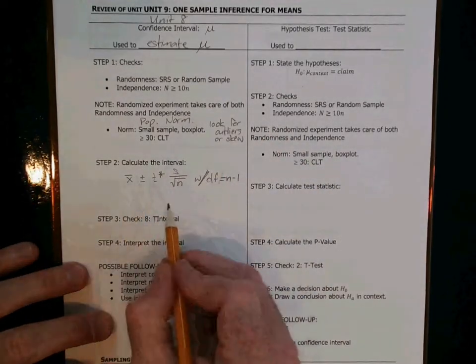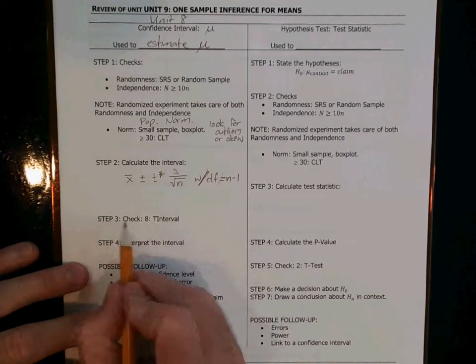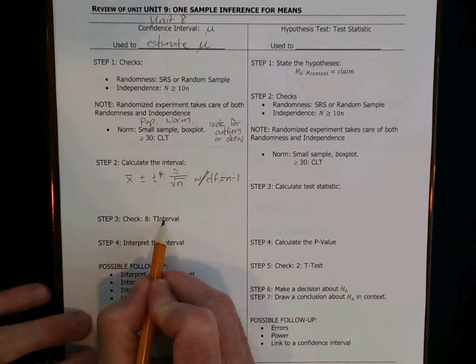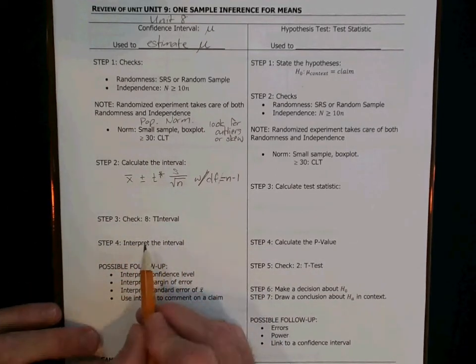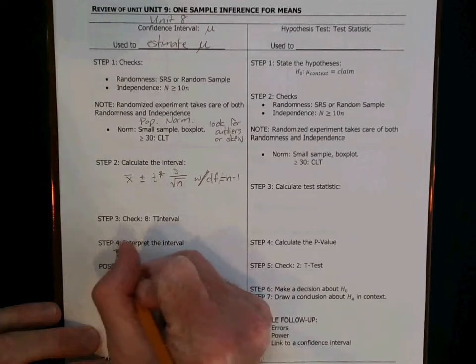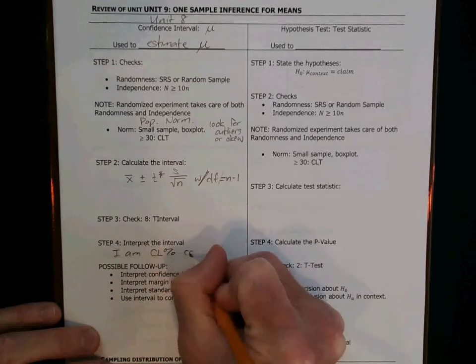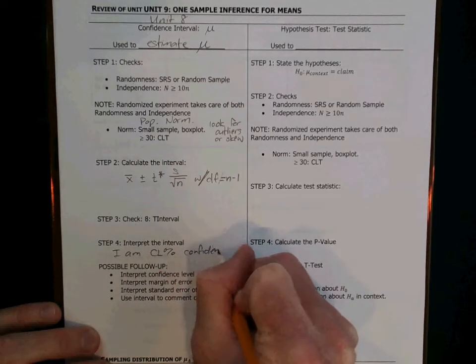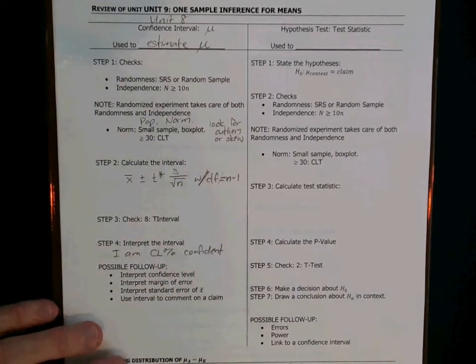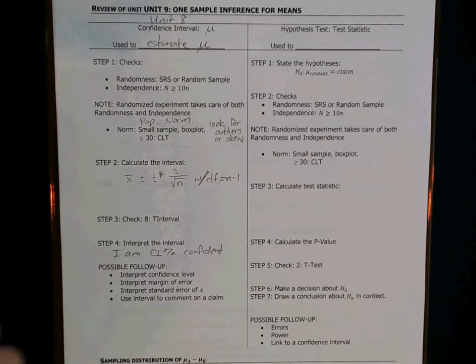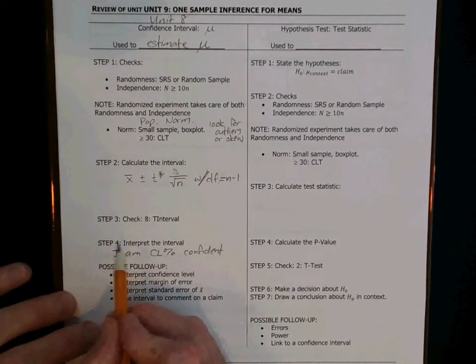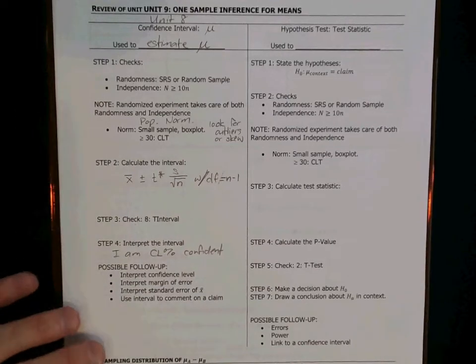And then you would plug in, calculate the interval, check on your calculator using t-interval, then interpret your interval. You know, I am whatever % confident that the true mean context is between whatever your interval is. You always interpret even if the problem doesn't tell you that.